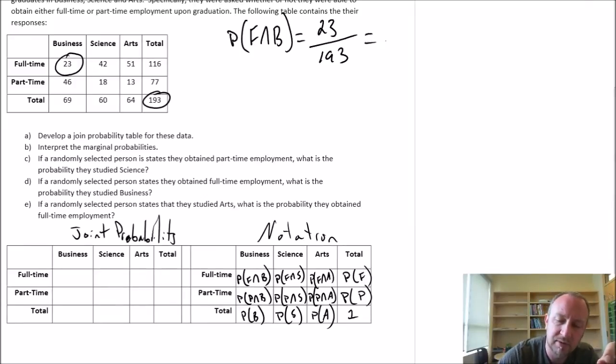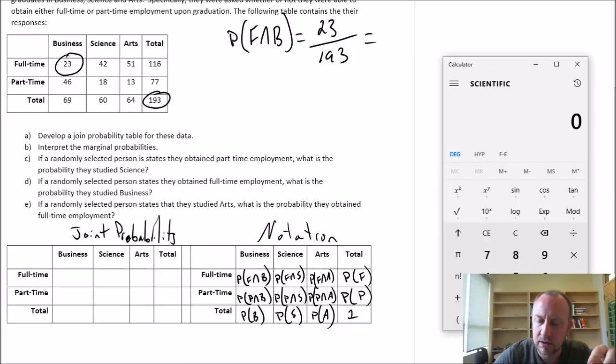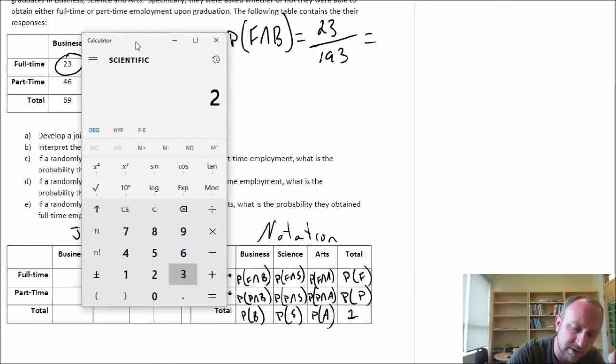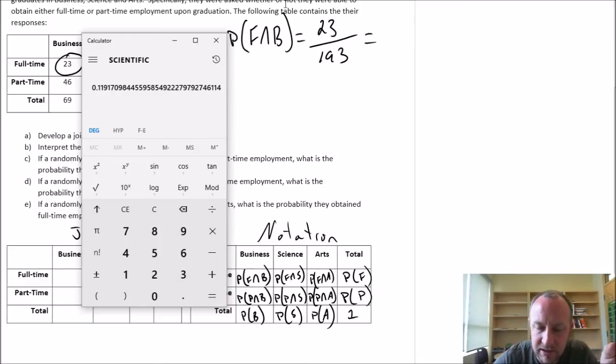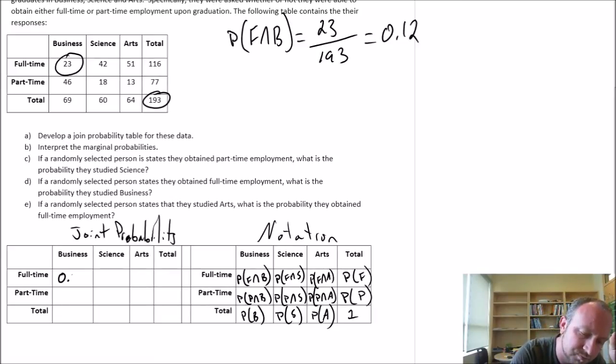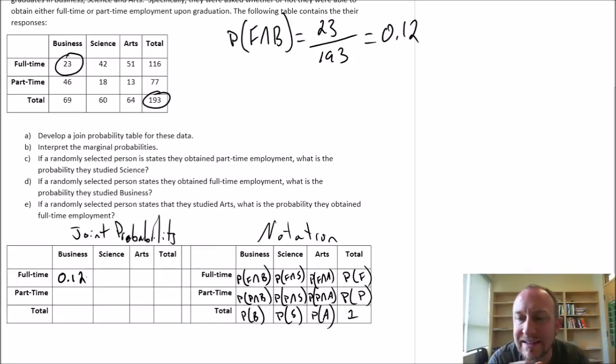So that probability is going to be 23 divided by 193. So that's a probability, let's round that to 0.12. Okay, so that's the intersection, the probability that a randomly drawn student is both a full-time business student.